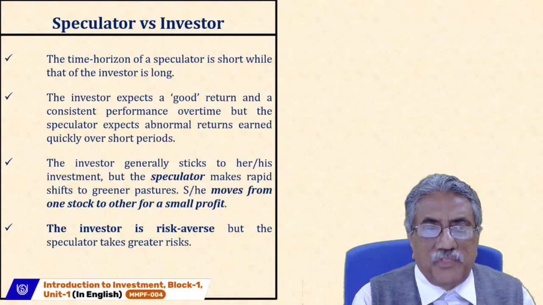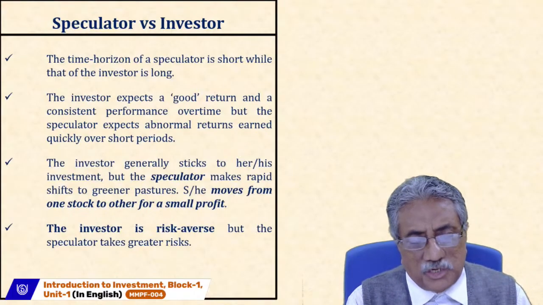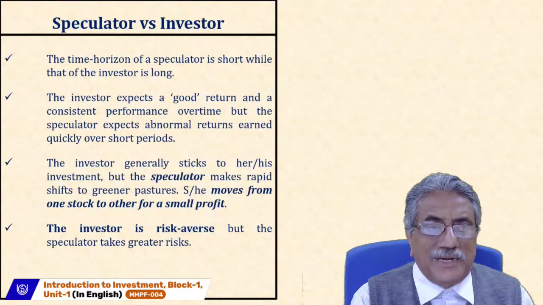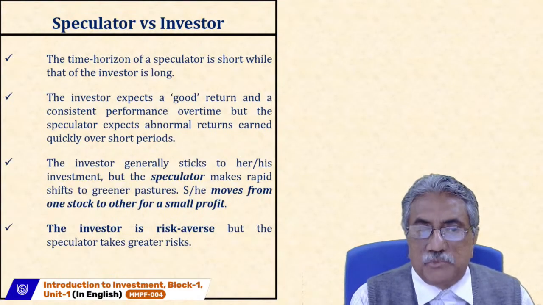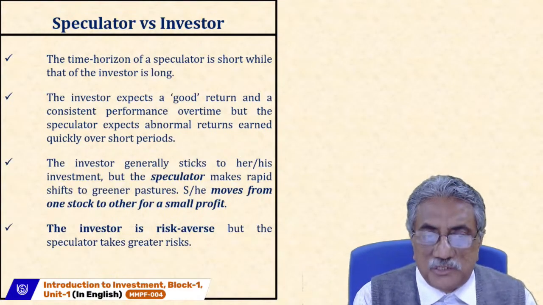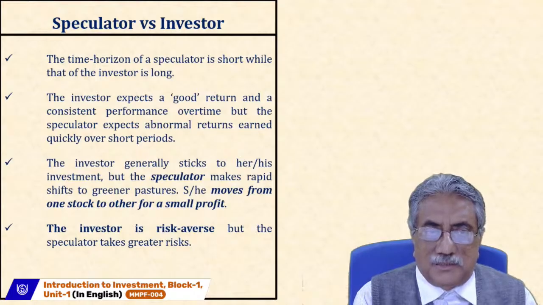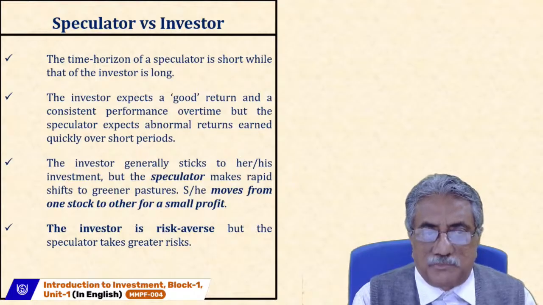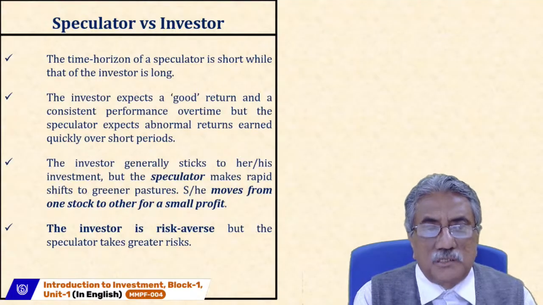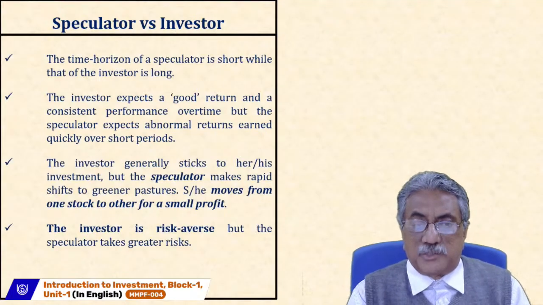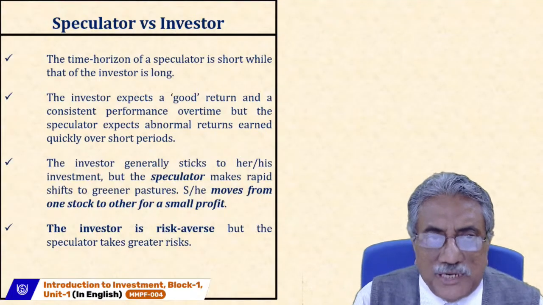They do speculate and they keep the market moving. So what you see as the market going up and down, many times this is the role of the speculators in the market. Sometimes they gain, sometimes they lose, sometimes they gain not as per their expectations, but much below that.